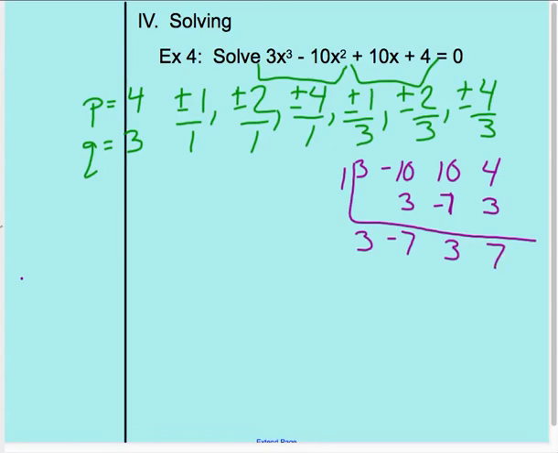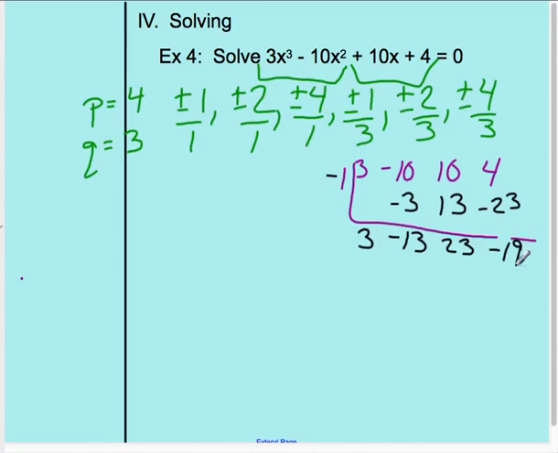So now I'm just going to erase and start over again. Or sorry, positive 1 doesn't work, so now I'm going to try negative 1. Get a bigger eraser here. So now we try negative 1. Drop the 3, multiply, add, multiply, add, multiply, and again I am not getting a remainder of 0.